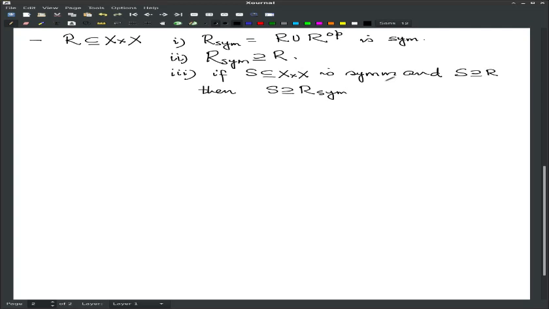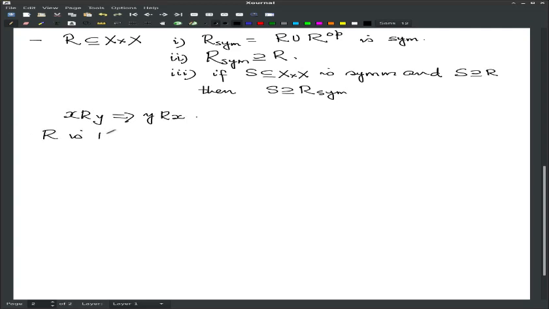So you have extended R to make it symmetric. Again, you see, the failure of symmetry is a problem of little. Why? What do you mean by symmetry? X R Y implies Y R X. So how does R fail to be symmetric?